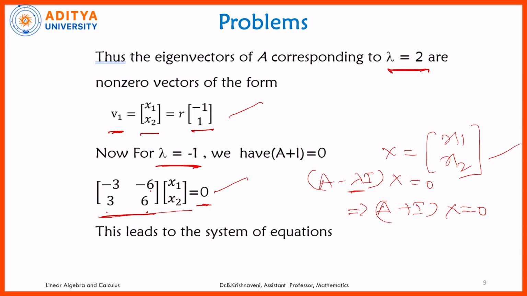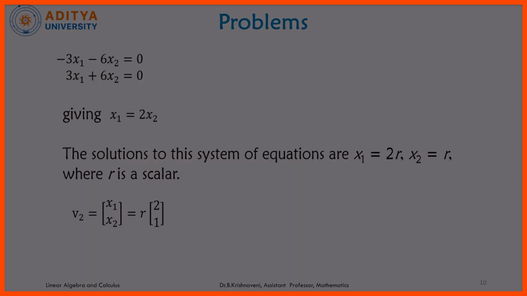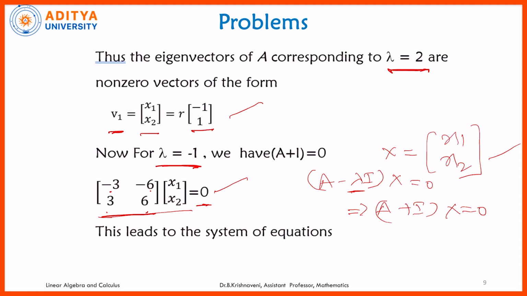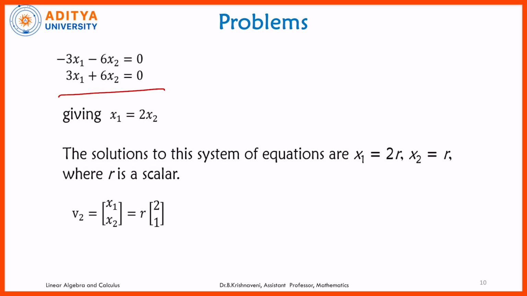So this leads to the system of equations -3x1 minus 6x2 is equal to 0, 3x1 plus 6x2 is equal to 0, which gives rise to x1 is equal to -2x2. Again let us take x2 is equal to r, where r is some scalar.